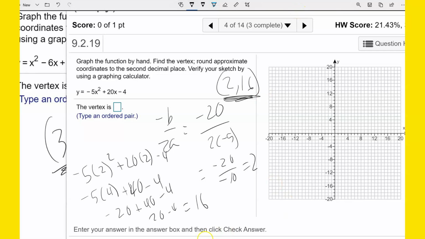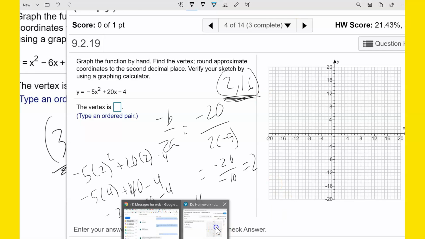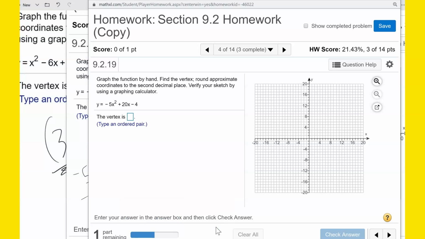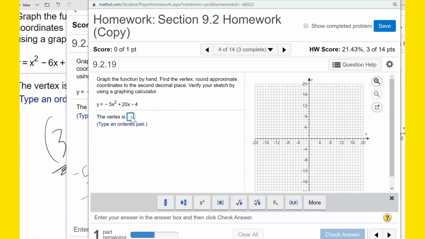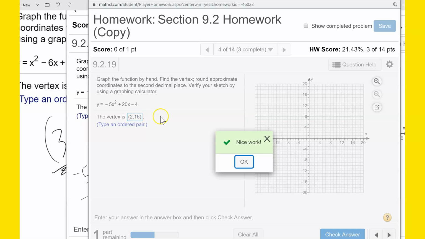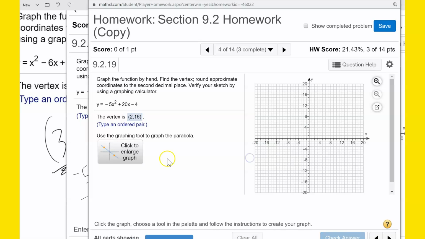All right, let me go back to Math Excel and type that in and graph it. You remember what it was? 2, comma 16. Now let's graph this thing.